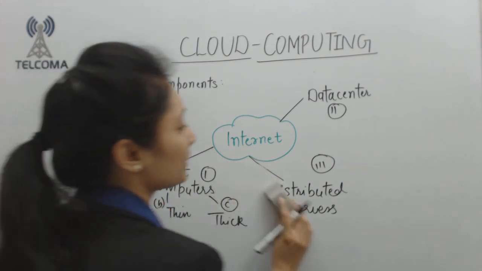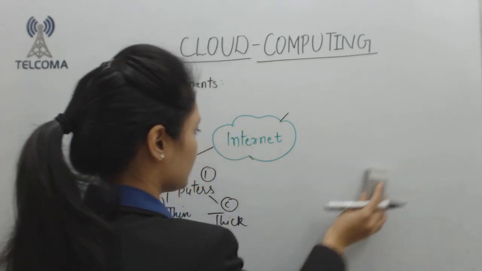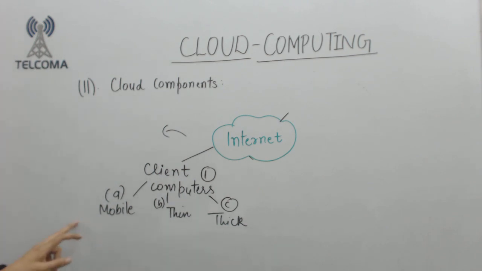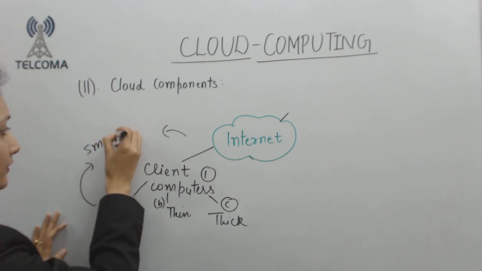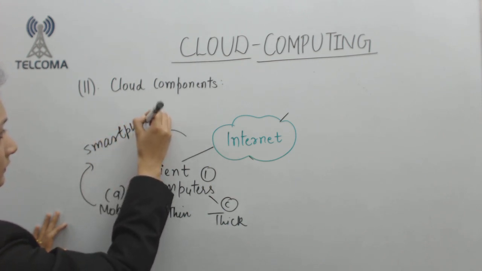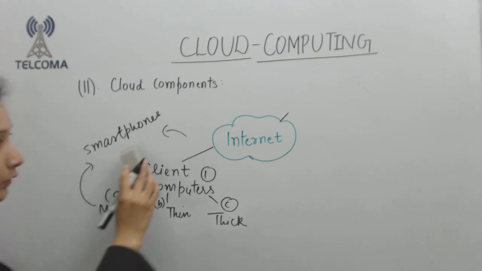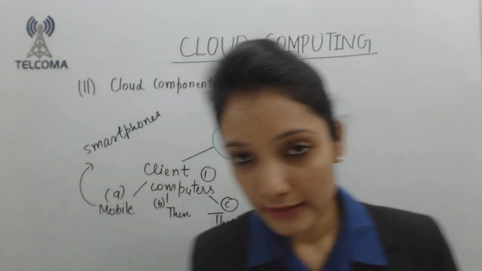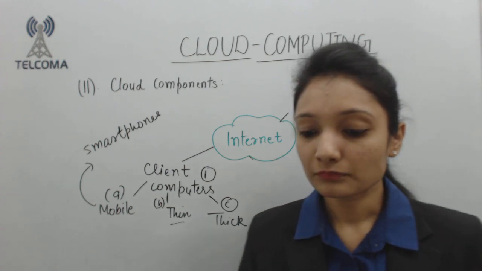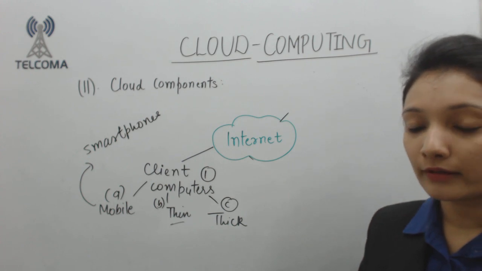First of all, we have mobile. This simply refers to the smartphones. Now we have two other main categories, which are thin and thick. If we talk about the thin clients, these are the client computers that do not have internal hard drives, but they let the servers do all the work.